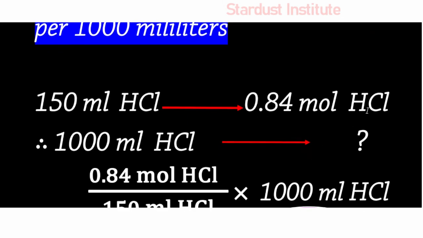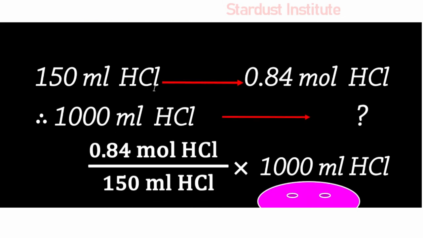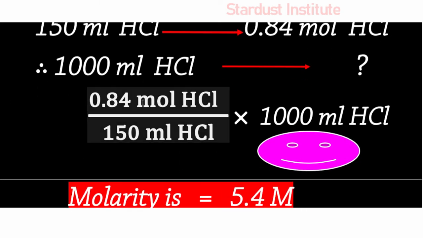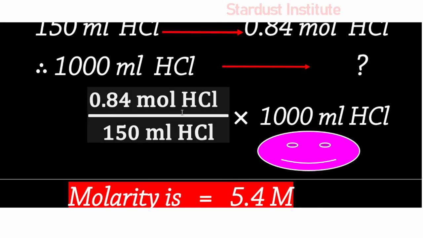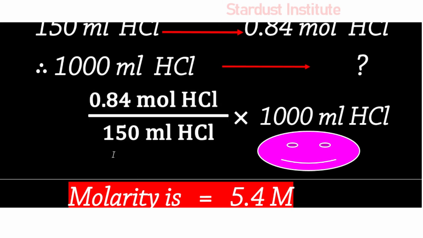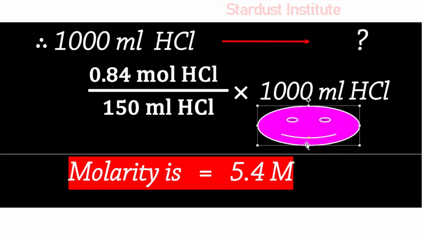0.84 moles HCl divided by 150 milliliters HCl multiplied by 1000 milliliters HCl. Units should be cancelled out.